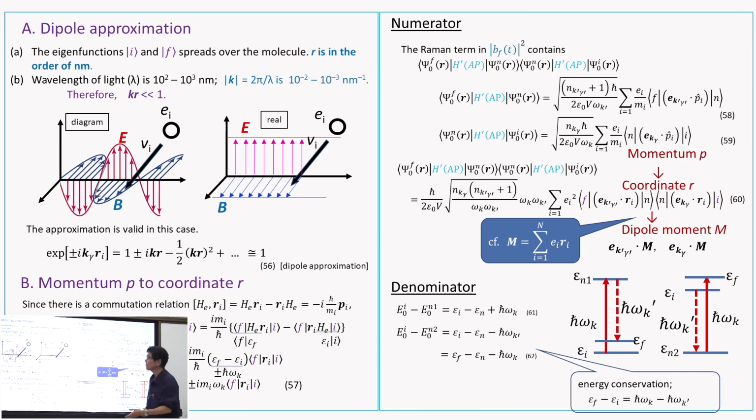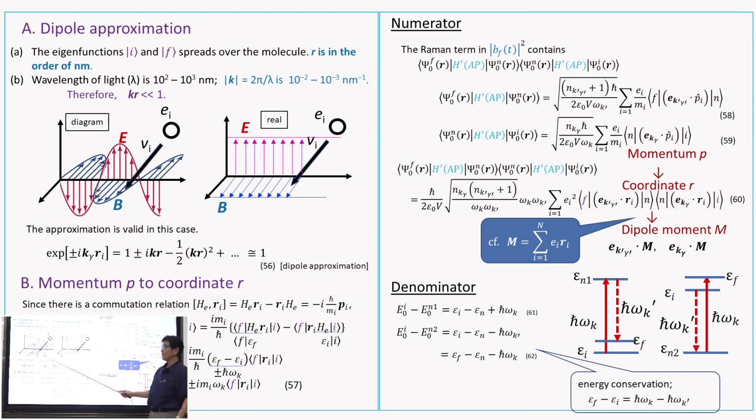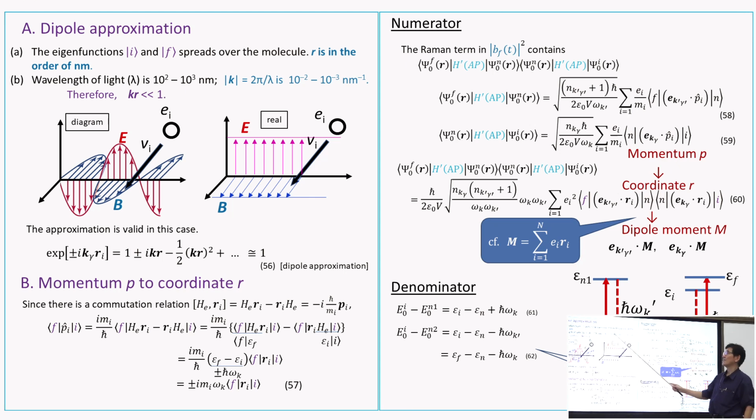On the other hand, we also consider the electromagnetic field. What is the wavelength? Green light, 532 nanometer YAG laser, nearly 500 nanometer. Okay, so let's think about 10 to the second or 10 to the third nanometer. Then in this case, the length of the wave number vector is equal to 2 pi over lambda, and this is on the order of 10 to the minus 2 to 10 to the minus 3 nanometer inverse.